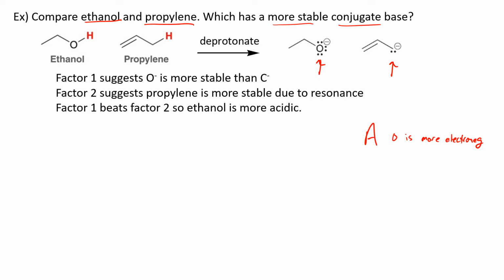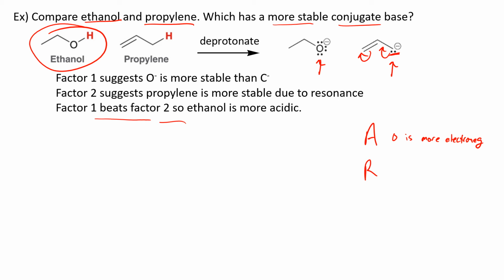But if you notice, our carbon here is an allylic lone pair, so we do have resonance stabilization. However, factor 1 beats factor 2. So ethanol is going to be more acidic.